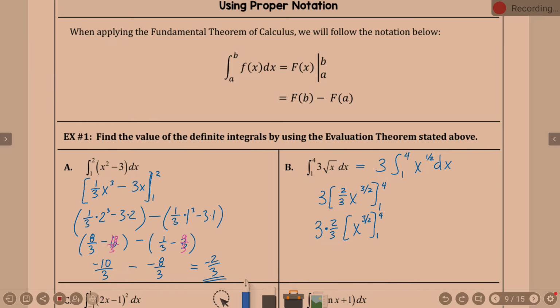So I do know 3 times 2/3 is actually just going to be 2. And if you have it already, 4 to the 3/2 minus 1 to the 3/2. Now, make sure you know, can you do 4 to the 3/2 without grabbing your calculator? What do I mean, 4 to the 3/2? It's the what?